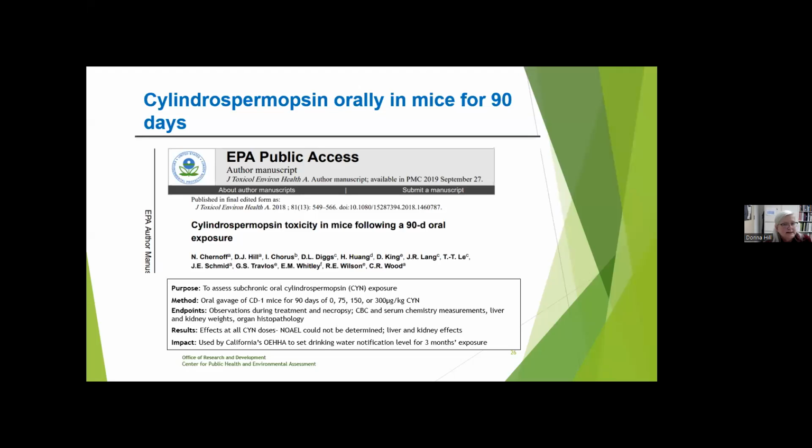At the end of the 90 days, the mice appeared normal. They looked fine. They were eating, they were gaining weight, but when we did the tests, we found that none of the doses of cylindrospermopsin were a no effect level. We did not find a no effect level. Everything was affected, we had liver and kidney effects.